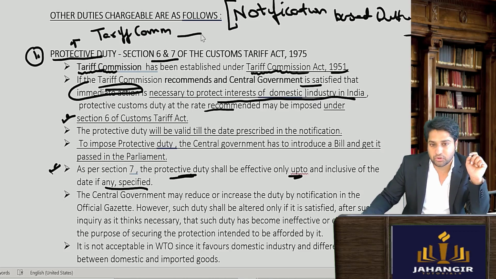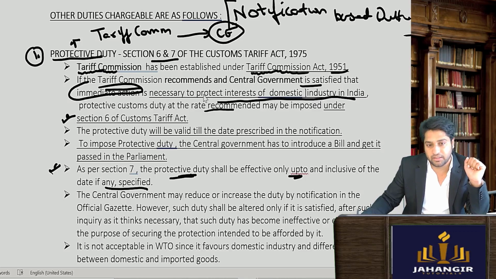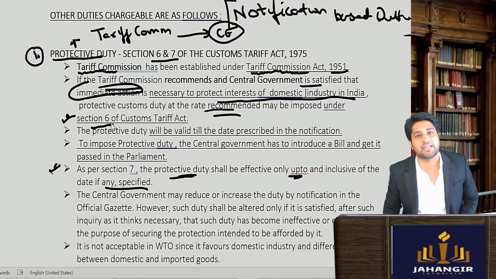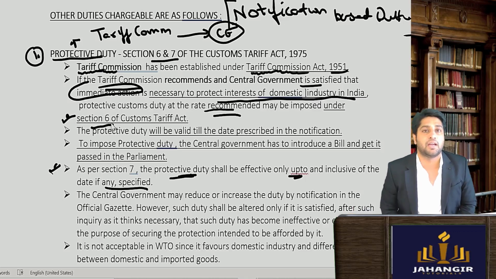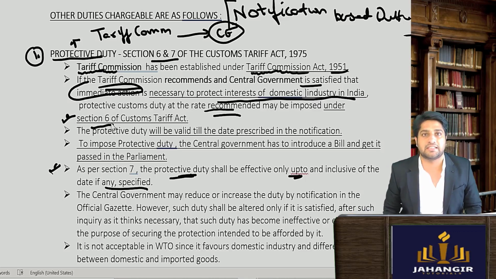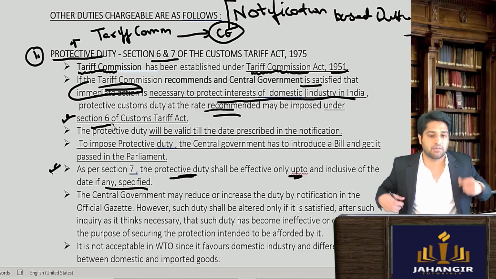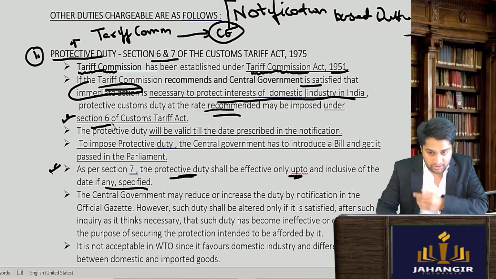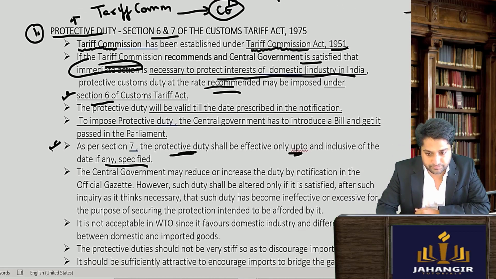It recommends to the central government, and then if the central government is satisfied that immediate action is needed to protect the domestic industry, it may impose a duty called protective duty under section 6, and it will be in effect till the notification specifies, as given in section number 7. Okay, so very, very simple.